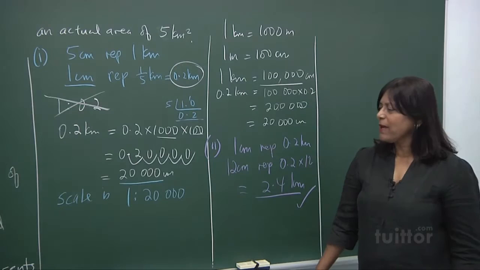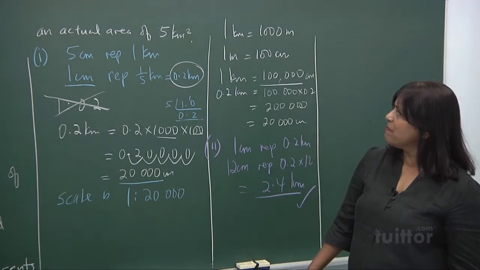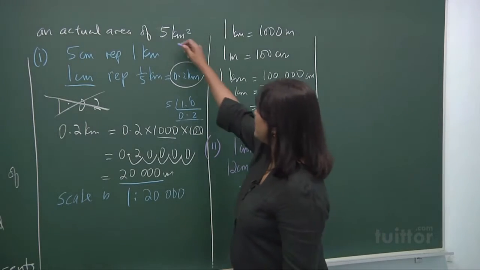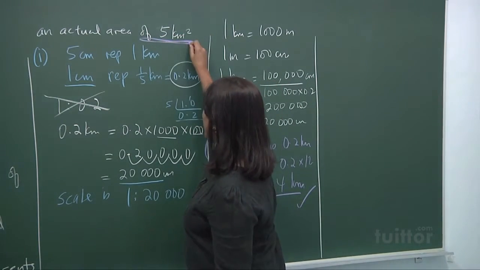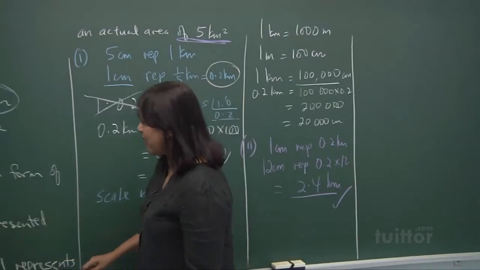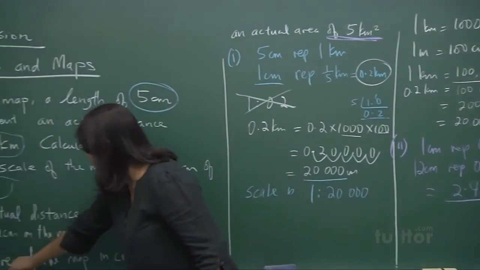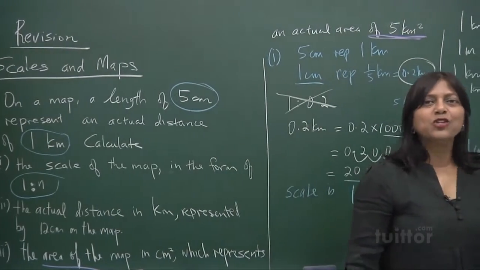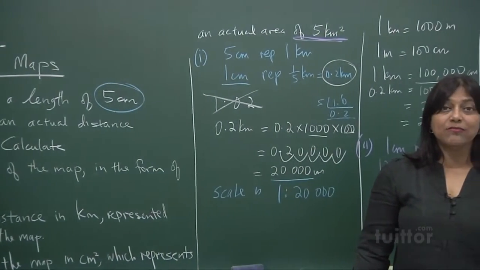Alright, now we come to scale, we come to map area. They want to find out the actual area is 5 kilometers squared, and what is the area of that map? What's the area of the map? Alright, logical, my dear friends, logical reasoning.